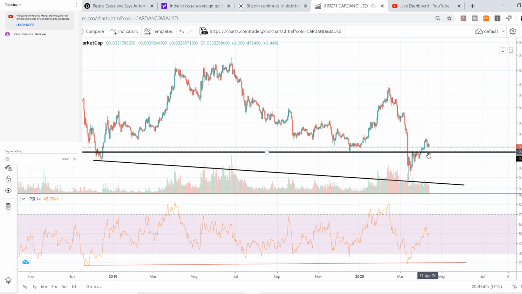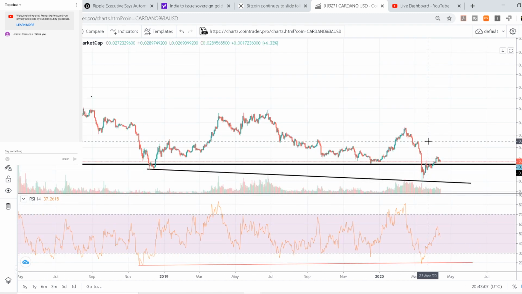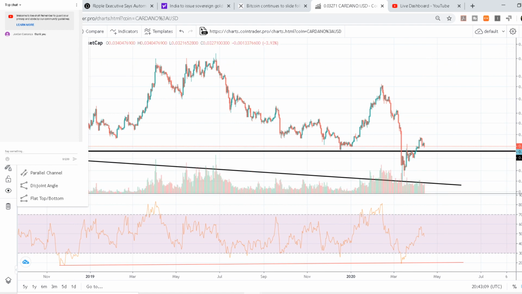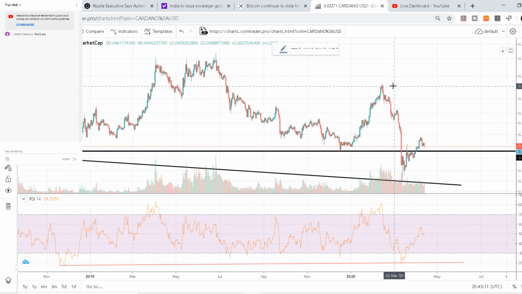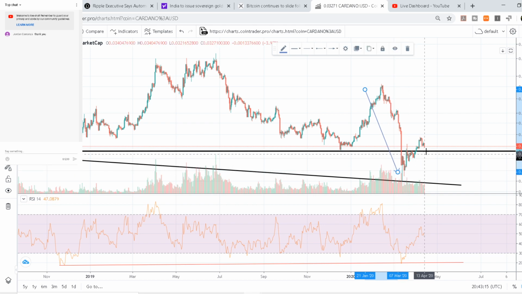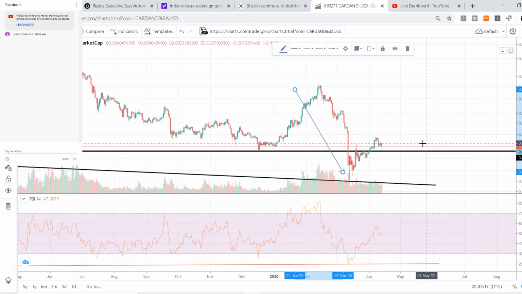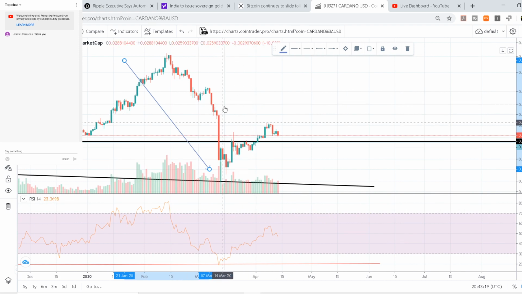even though we are above this horizontal support level, the issue is we are making a similar pattern to that of XRP and other major coins. We came down, and we are retracing the mother candle or the main candle here. Even though we have a green bar here, we can still consider this a long candle because the volume was too high and it came too low in that fluctuation.